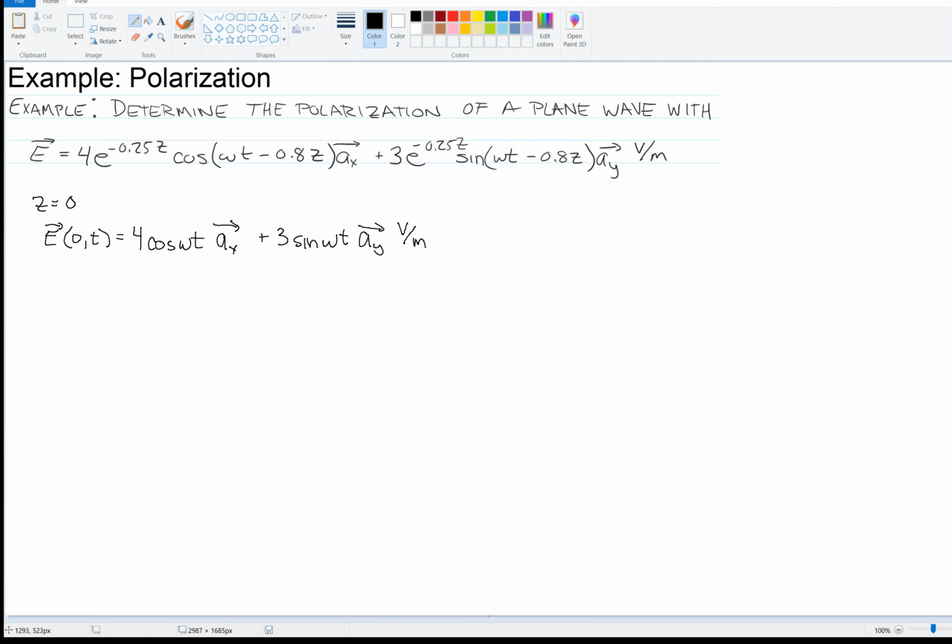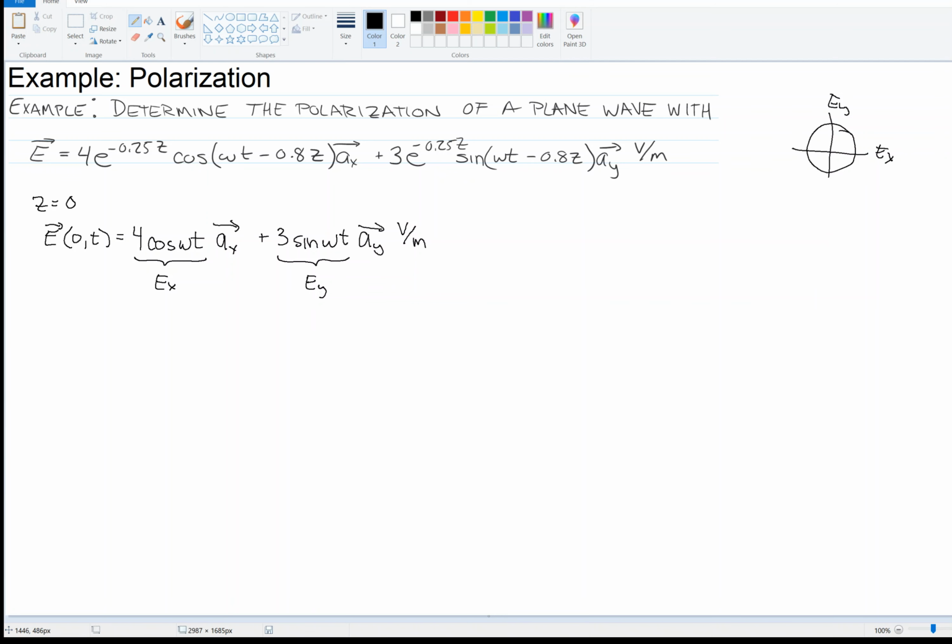Okay, so now what we're going to do is try to relate Ex, the x component of this vector, with Ey, the y component, so that we can see the trajectory of this thing. If we plot Ey versus Ex for all time, does this thing stay in a circle, or does it stay in an ellipse, or neither?